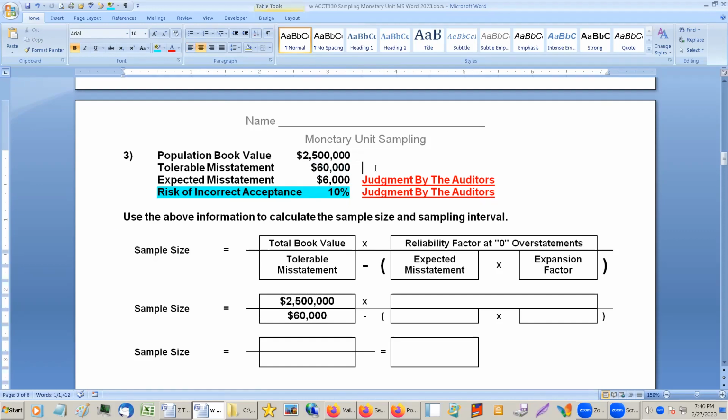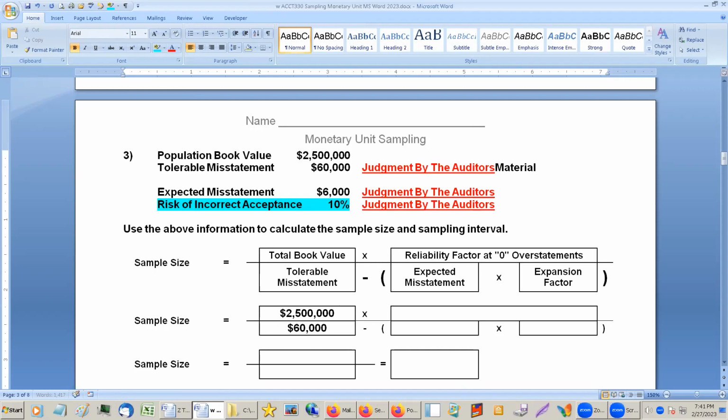Tolerable misstatement. This is also a judgment. How much are you going to let this account be out of? What's material to this account? What are they doing here?